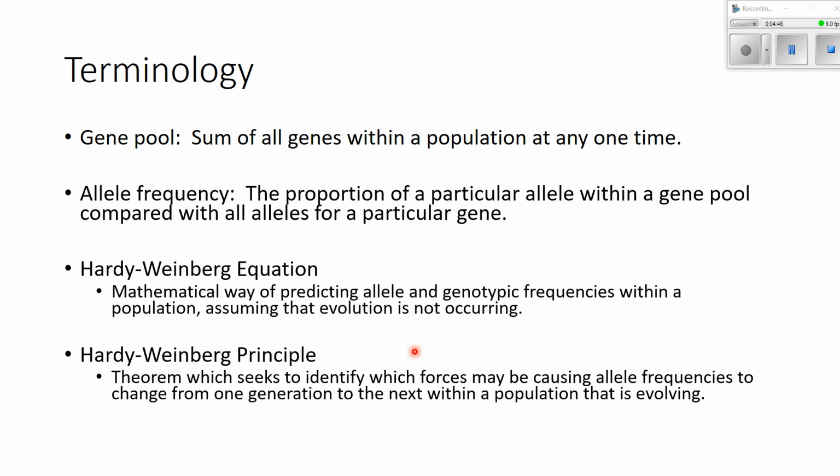In other words, if evolution is causing genetic change, we want to know, is that just due to natural selection, or could it also be due to some other factors, things that Charles Darwin didn't even know about, that we have learned more recently.